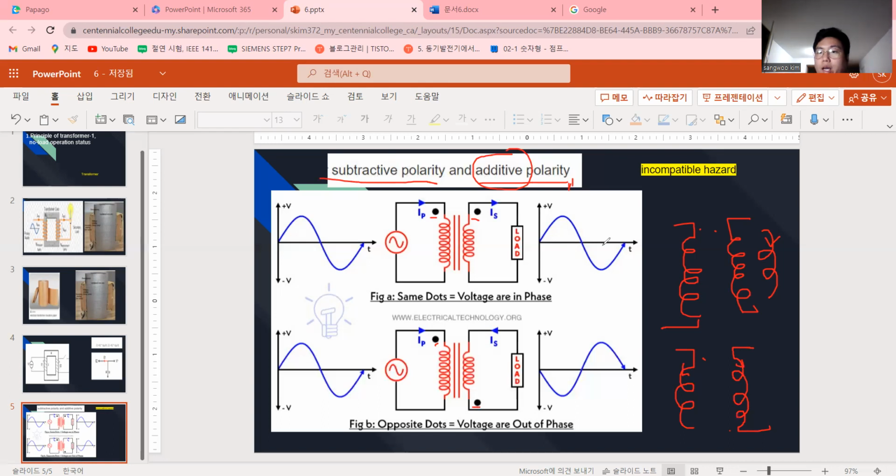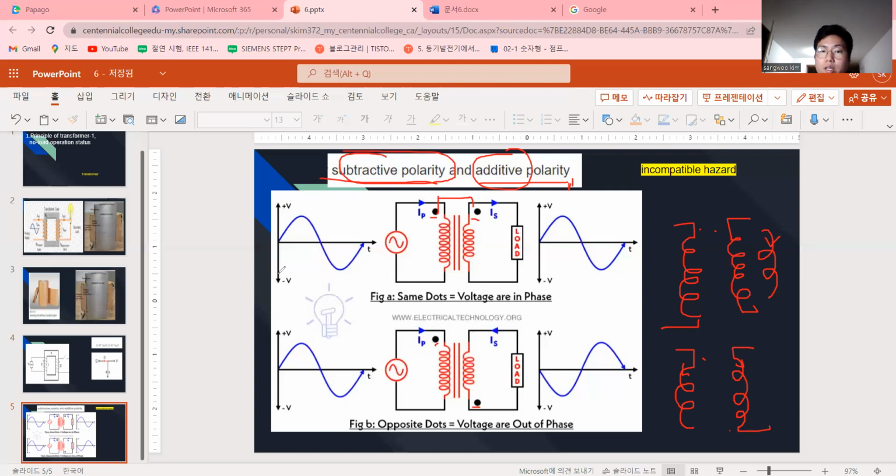So for example, hazards can happen in such circuits because of insulation damage, where the lines get together and close. Why do we say subtractive polarity is the standard?